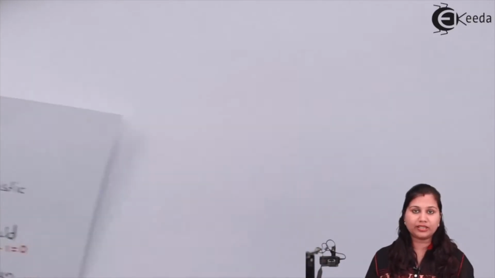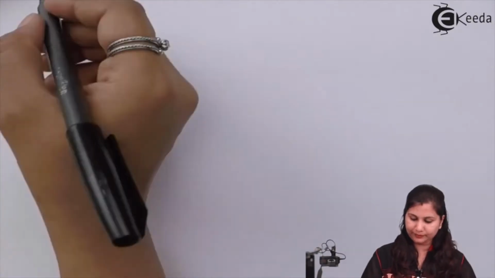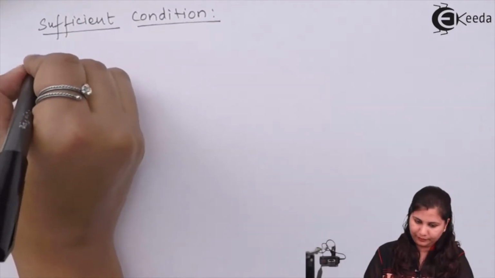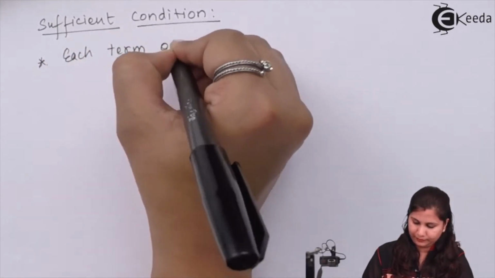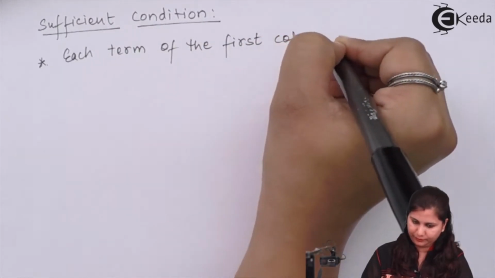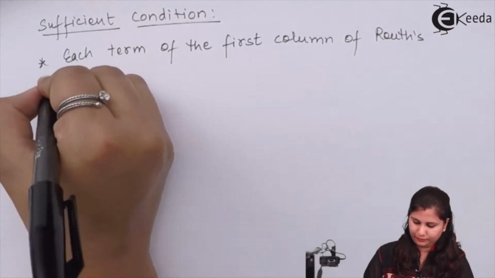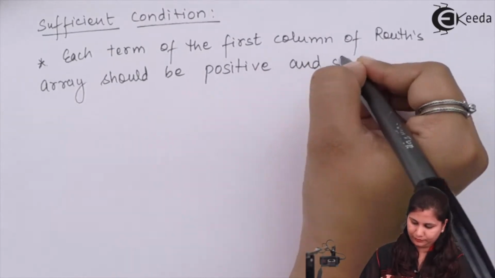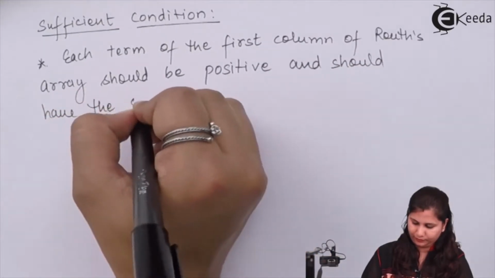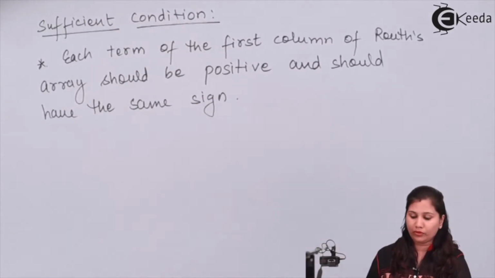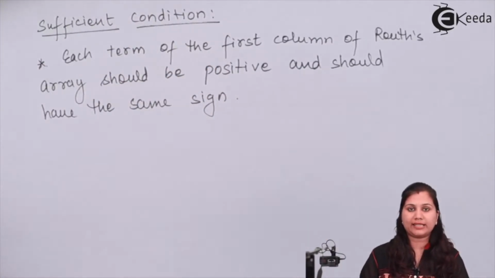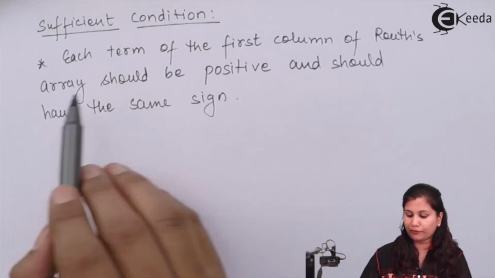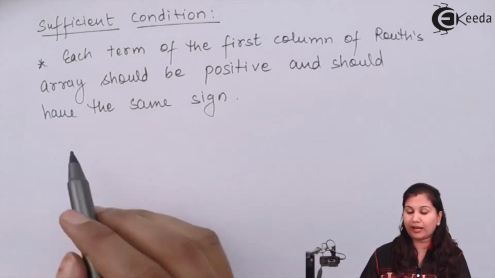Now, what is the sufficient condition for it? The sufficient condition for defining the stability in the Routh stability criteria is that each term of the first column of Routh's array should be positive and should have the same sign.